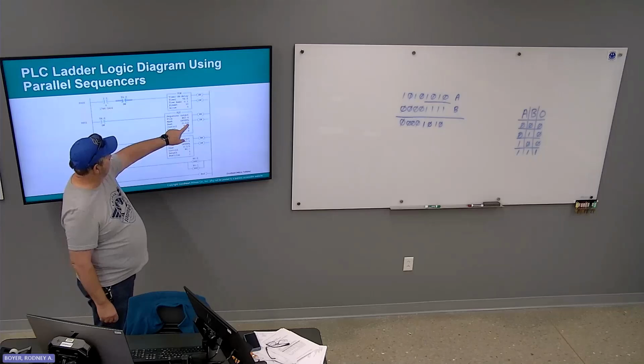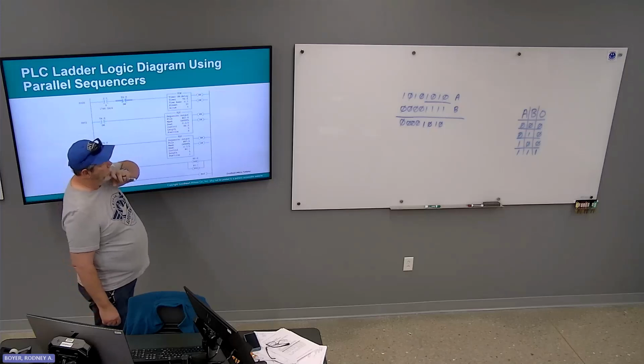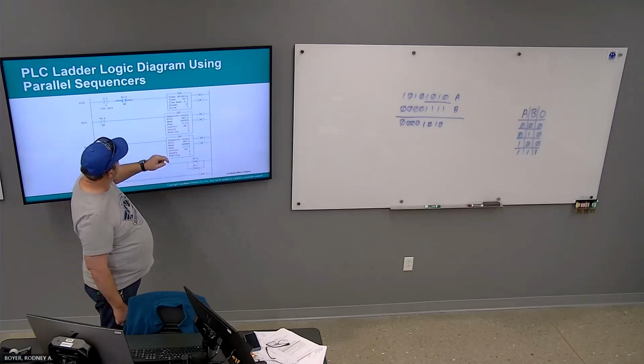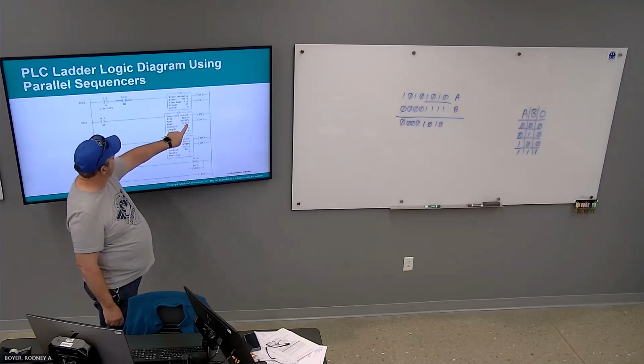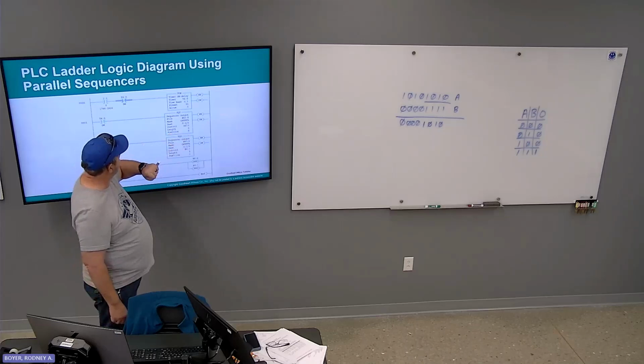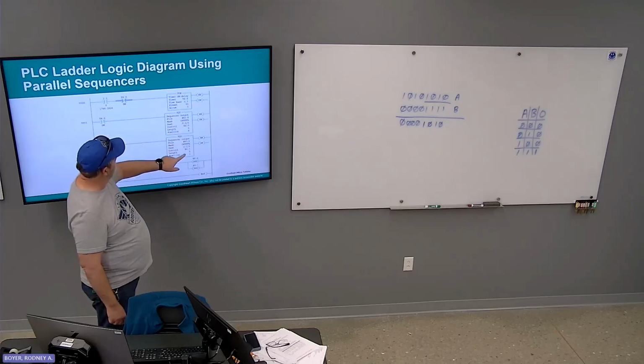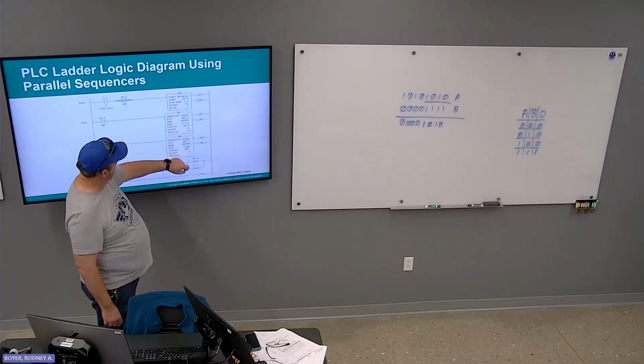The first one's going to write its output from B3:0 into output 2, which, that's also a typo. That should be a period, not a slash.